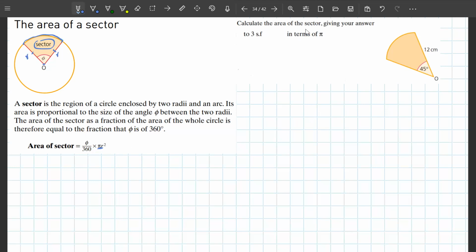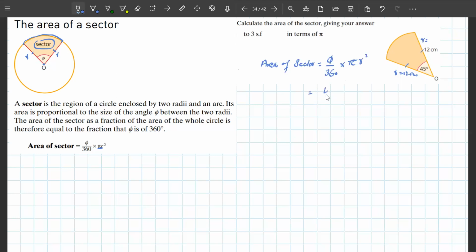Here, calculate the area of the sector, giving your answer to three significant figures or in terms of pi. Here you have the shape, and this 12 centimeters represents r. This side is also 12 centimeters, and the angle given is 45. So the formula for the area of a sector is phi over 360 multiplied by pi r squared.